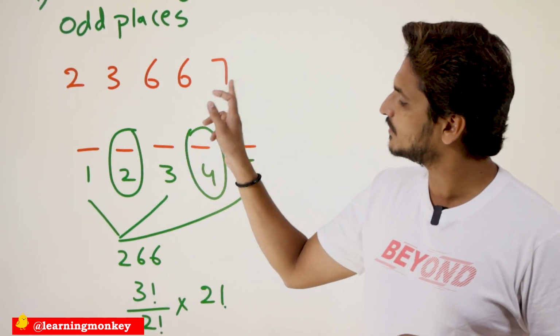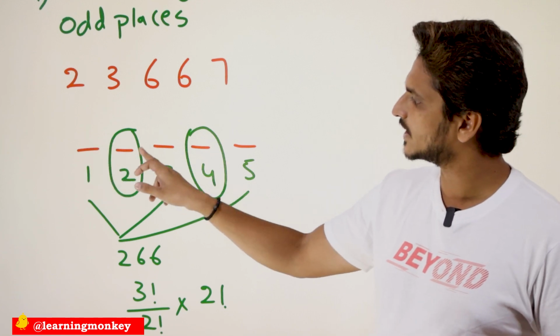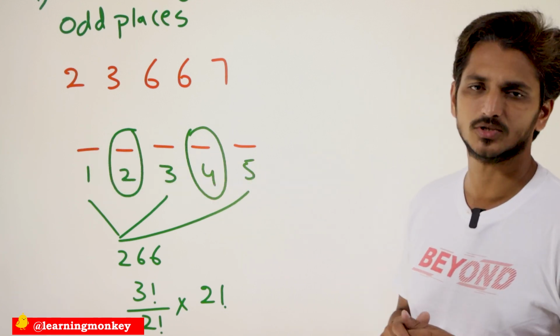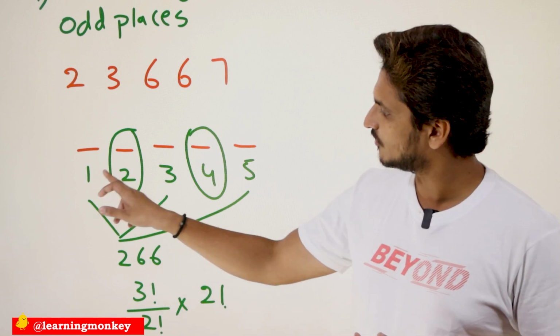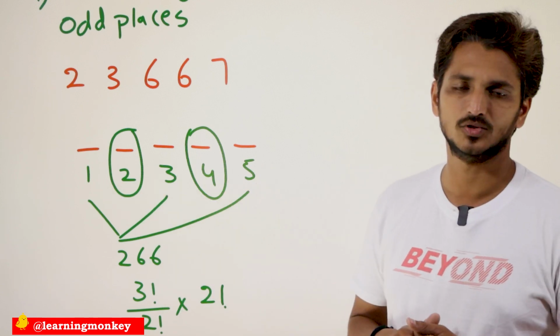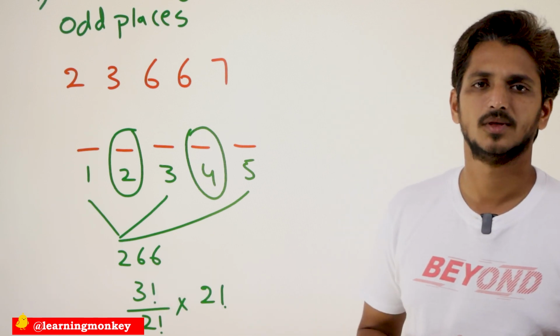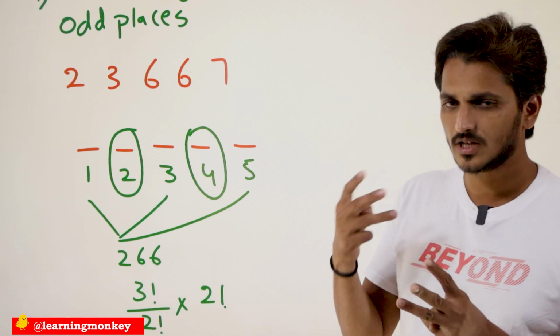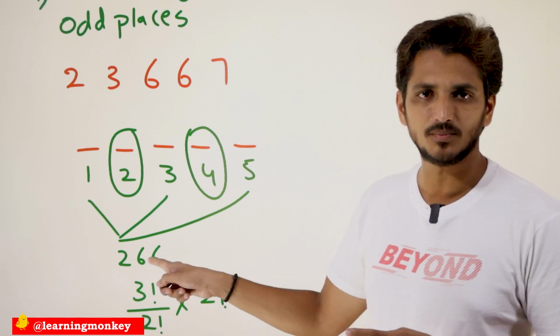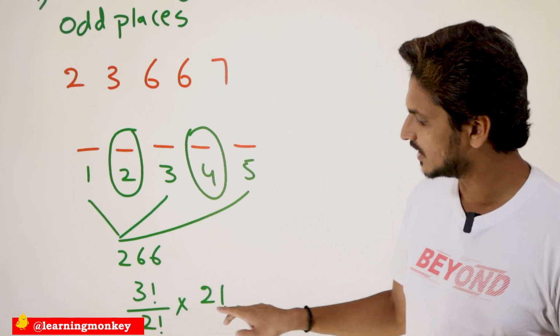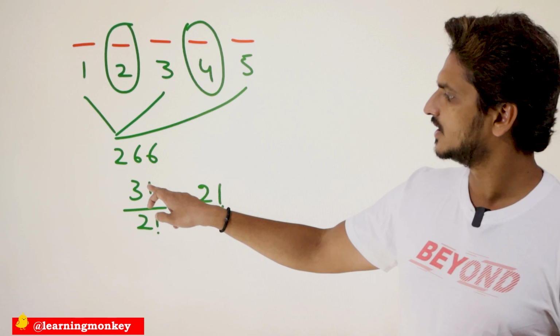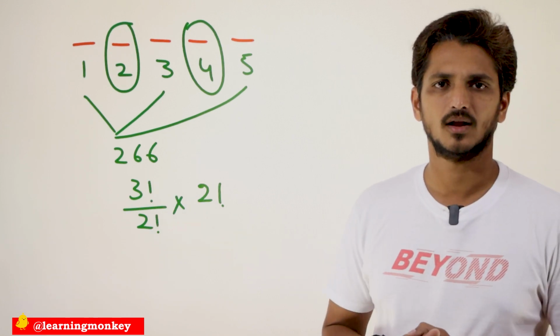So 5 digits can be placed in 5 positions: first, second, third, fourth, fifth. What are the odd positions? 1, 3, 5. In these 3 positions you have to place 2, 6, 6. So 3 digits placed in 3 positions, but 6 is repeated, which is 3 factorial by 2 factorial.